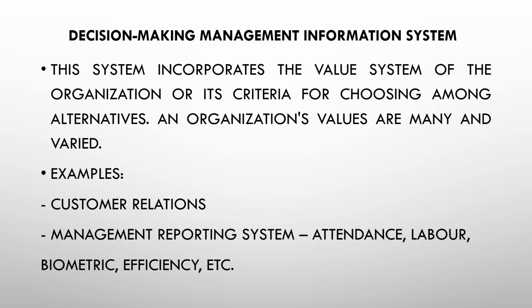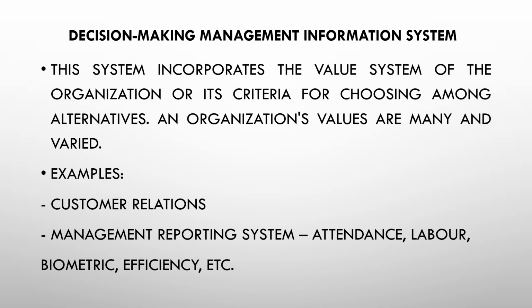So the last one is the decision-making management information system. This system incorporates the value system of the organization, or its criteria for choosing among alternatives. An example is the customer relation management system.